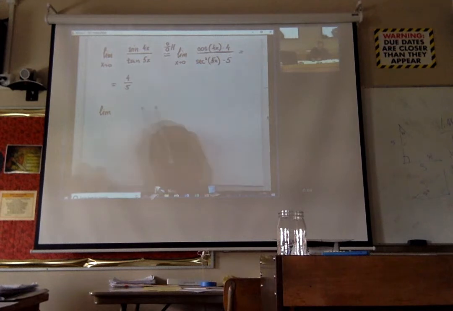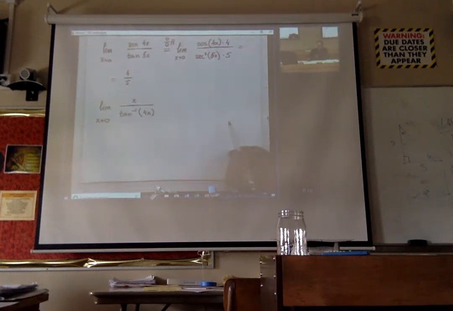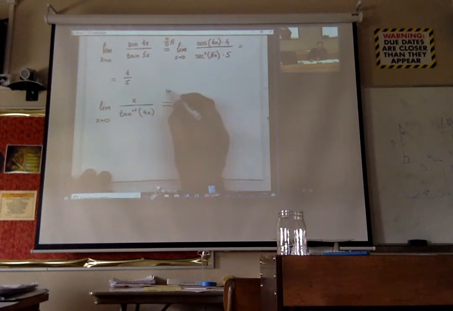So let's say we have x over, and again, you need to know the concept, not memorizing any problems. So this is what we have. And if we substitute, we'll have 0. And inverse tangent goes through the origin.